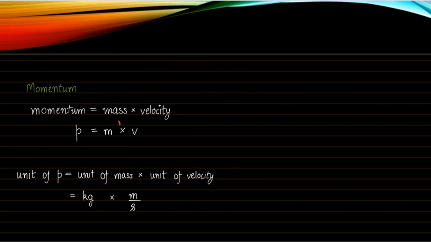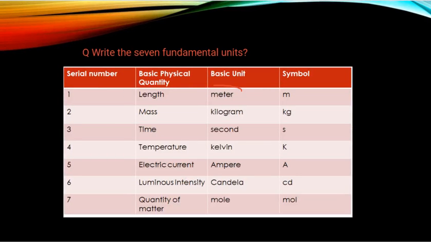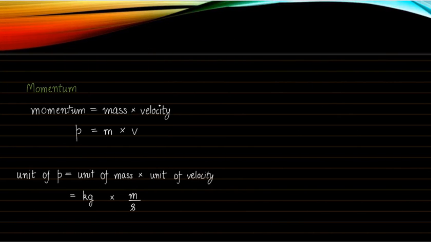So when I express it in terms of physical quantities, m represents mass. If I am representing m in terms of unit, then m represents length, which is meter. So do not get confused.